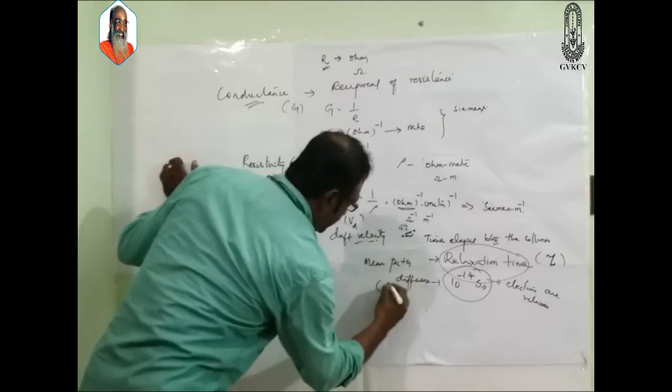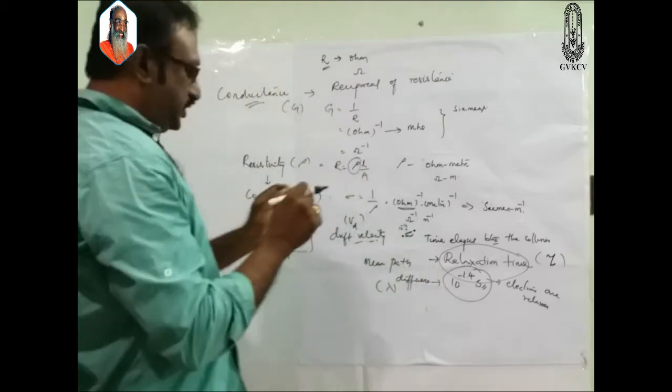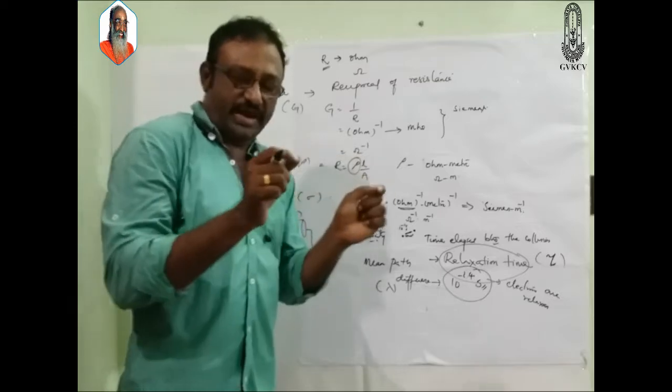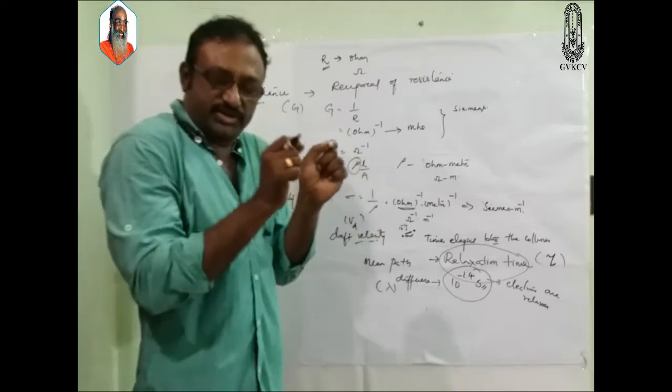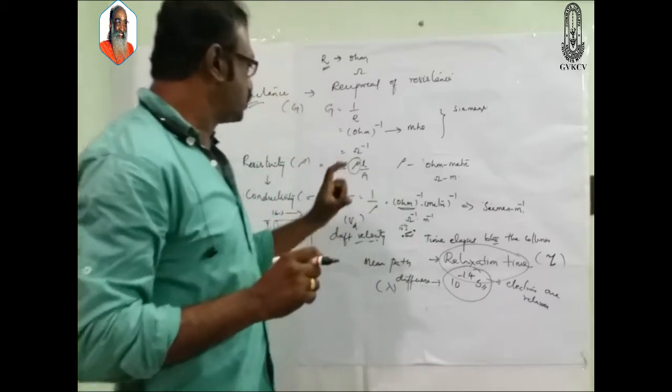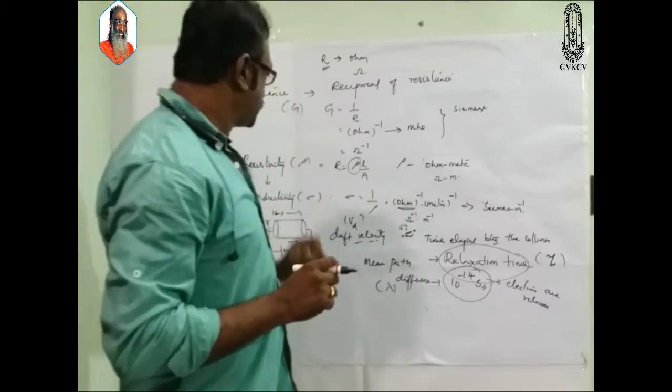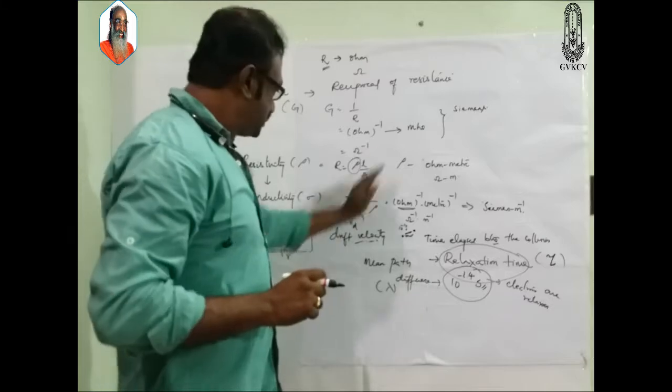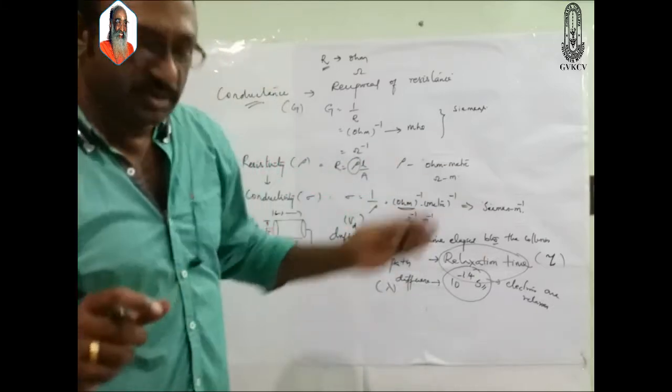It is denoted by lambda. The average distance traveled between collisions, during this relaxation time, is shown by lambda. These are the two important terms we have to understand here. After understanding this, we'll move on to the next session.